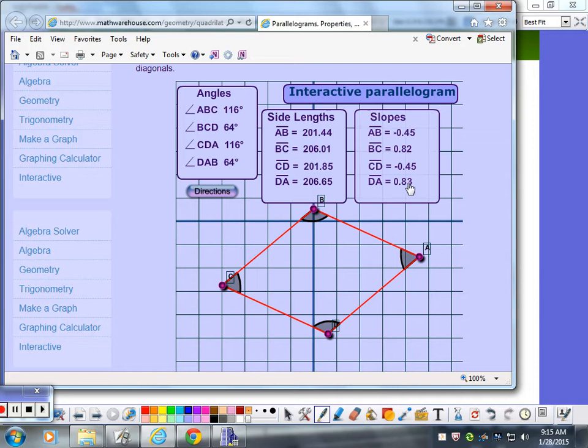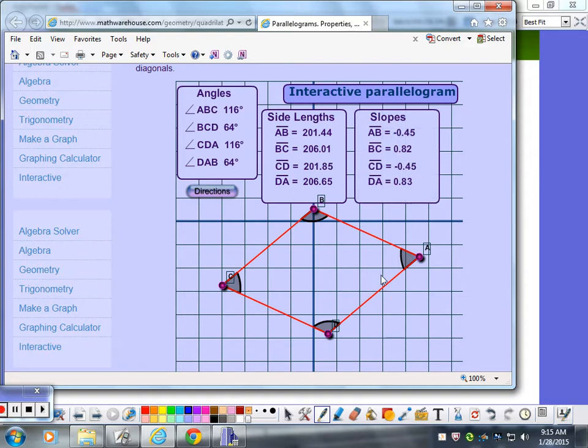Now the slopes, why are slopes important? Why are we even talking about slopes in a parallelogram? Because the sides are parallel. And so what do I know about the slopes of parallel lines? They're the same. So that's what this is showing.